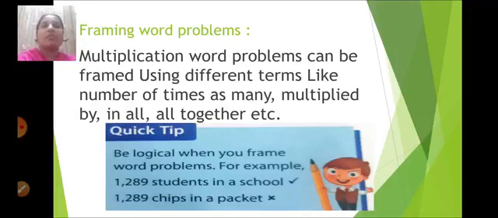So multiplication word problems can be framed using different terms like number of times, as many, multiplied by, in all, together, etc. Children, you should be very careful while framing word problems. You should be logical when you are framing a word problem.